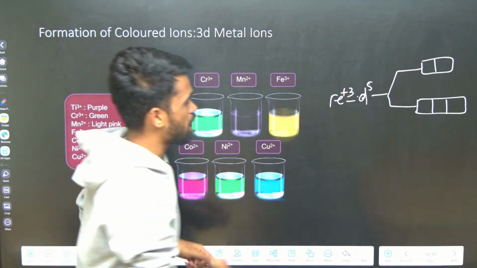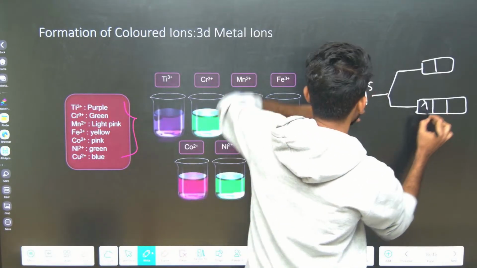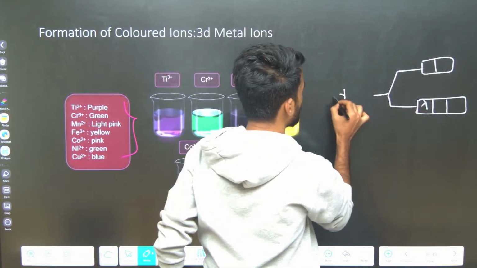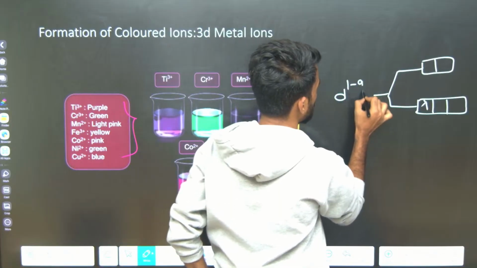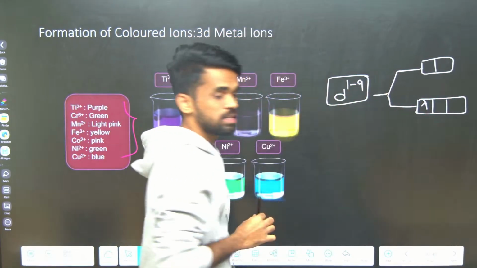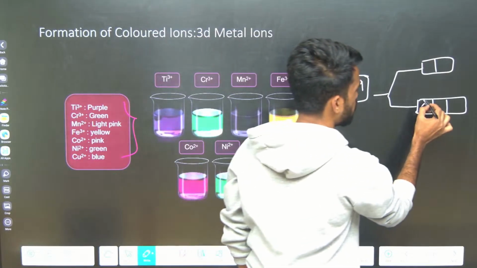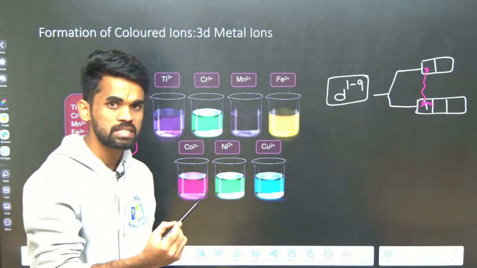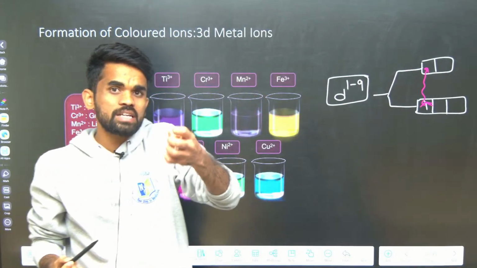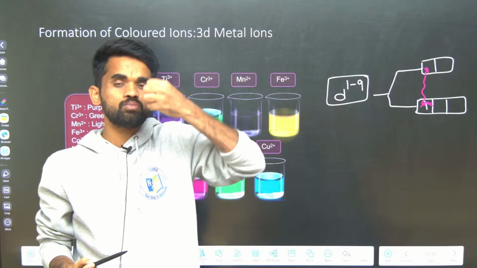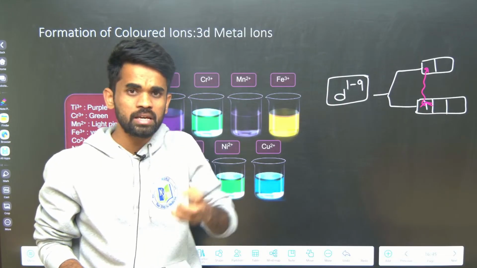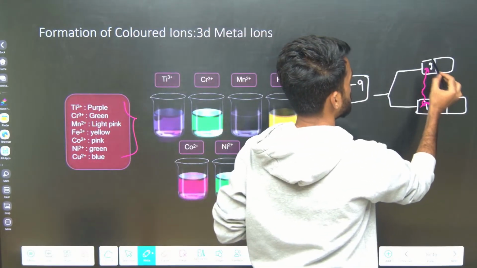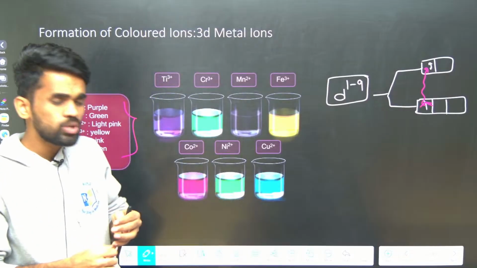Now what happens: whatever the electronic configuration may be, if it has any d electronic configuration from d1 to d9, then an electron can go from its lower energy state to a higher energy state. When it goes from the lower to the higher energy state, it requires some energy. That required energy is absorbed from the visible region, and the electron is excited to the higher energy state. During this process some energy is absorbed.